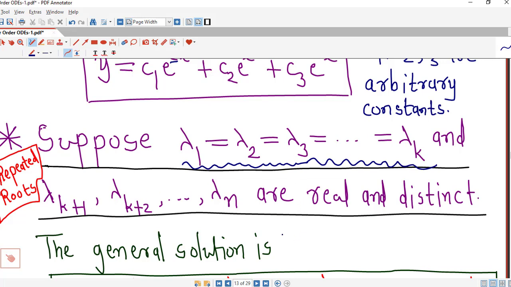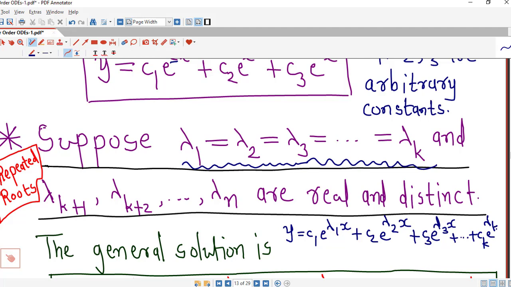So in this case, if we write as in case 1, then our solution will look like this: c1 e raised to lambda 1x, c2 e raised to lambda 2x, c3 e raised to lambda 3x, up to ck e raised to lambda kx, plus ck plus 1 e raised to lambda k plus 1 times x, plus ck plus 2 e raised to lambda k plus 2 times x, and so on, cn e raised to lambda nx.